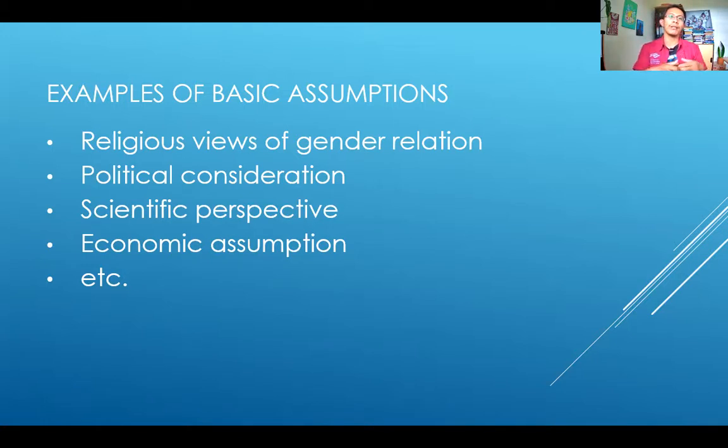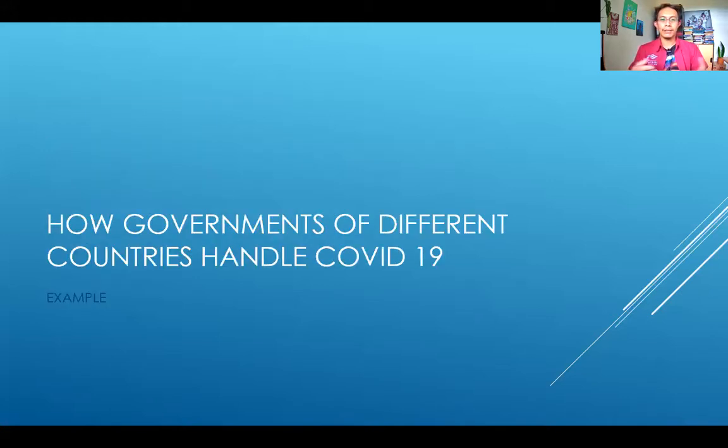The first one, the basic assumption is scientific perspective, because the only way to stop the spread of the virus is by staying at home and not moving at all. As for the second, they use the economic perspective, in which if you don't move at all, then some people might not get food at all because their job cannot be done online. So that's one example that I can use.